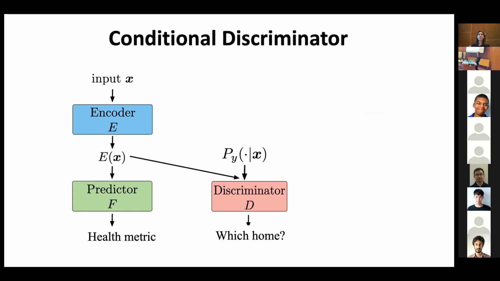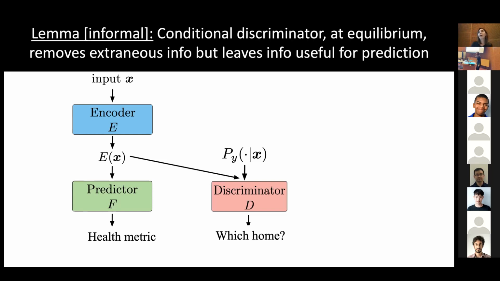So the discriminator, the network you are eventually going to train to fool, cannot be fooled by removing the health information, because the network D already has that information as input. And you can prove that in equilibrium, such a system will converge to eliminate only extraneous information and leave all information that is relevant to the task.